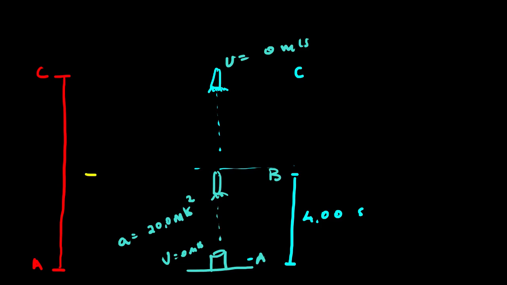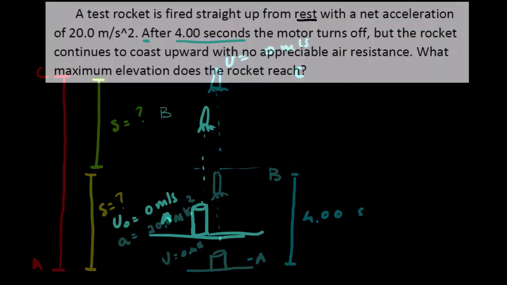We have to start by calculating the height from A to B. Once we are done, we have to calculate the height from B to C. And then we add them, and we'll get the maximum height, or the total height from A to C. There are a number of ways to calculate this, but let us start with the easiest method.